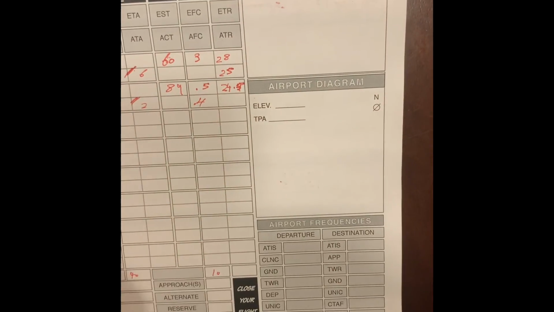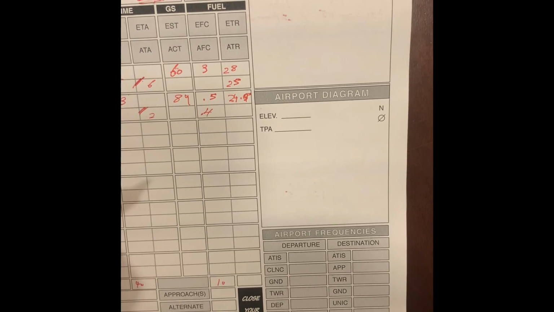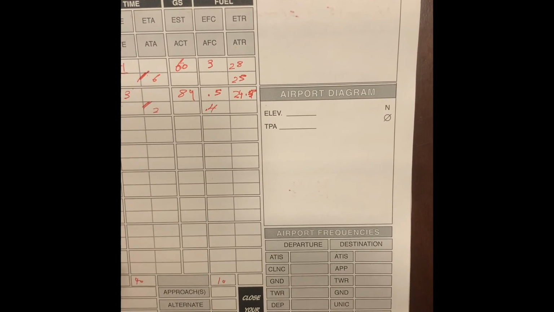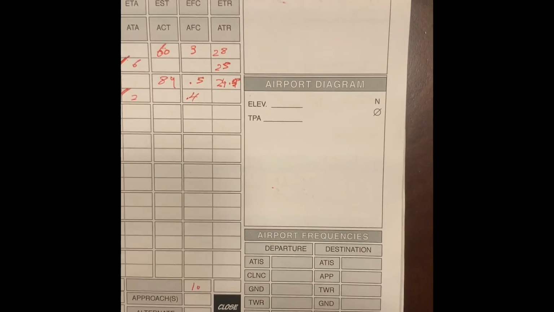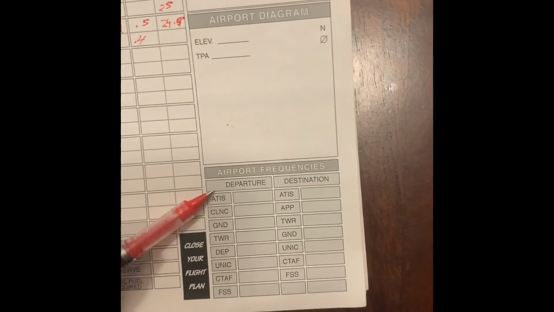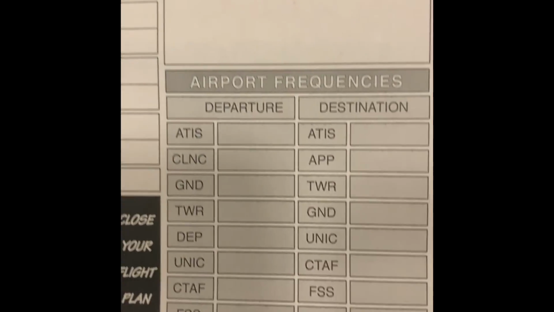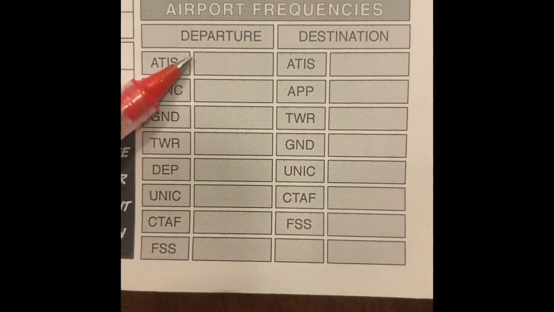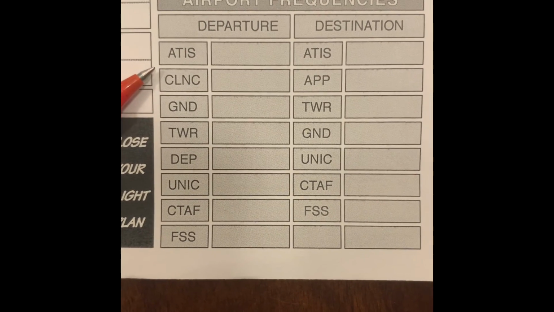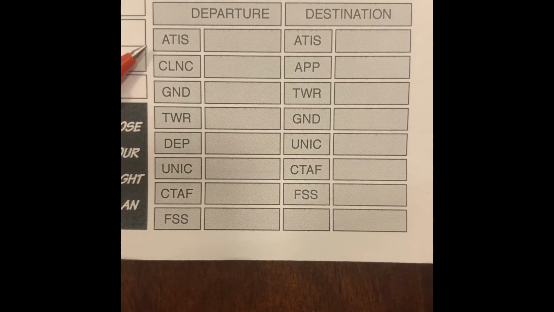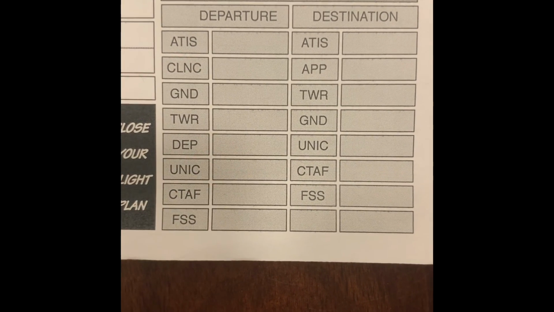You can draw it, or what I recommend is you always print out the airport diagram because it has your frequencies on it. Same thing here for Melbourne Airport, and here that's going to be our frequency for departure and destination. You're going to find that out also on your airport diagram, but it's better to write it down here as well.